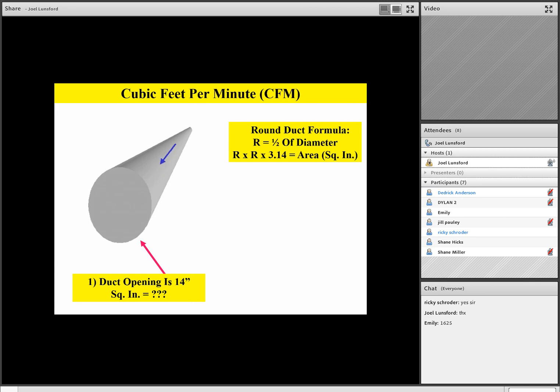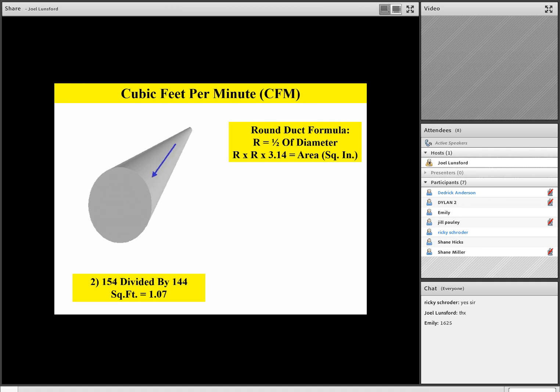154 square inches. Now, team, remember, we always have to get to square feet, so we're going to divide this 154 in this example by 144, and that 14-inch round duct has a square foot cross section of 1.07 square feet. We then measure the velocity of the airstream.